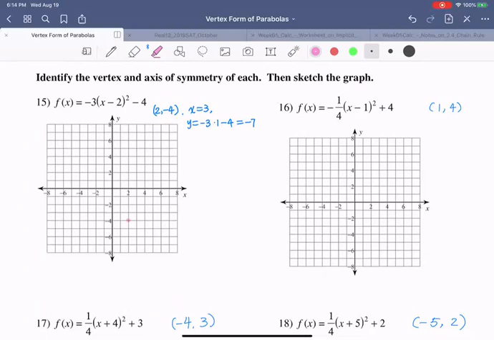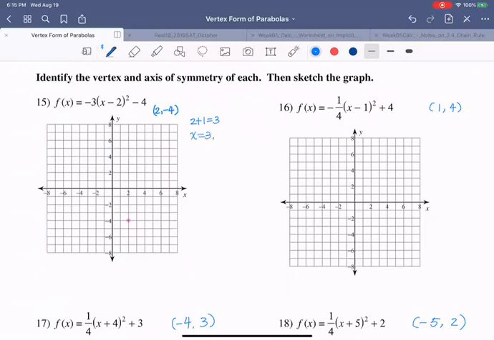Now from the vertex, you move 1 to the right. Your x previously is 2; now you make it 2 plus 1, which is 3, so x equals 3.